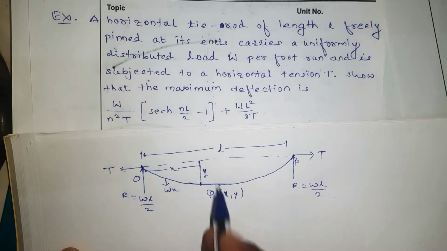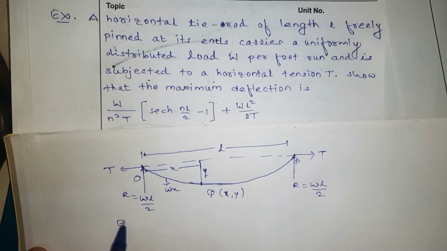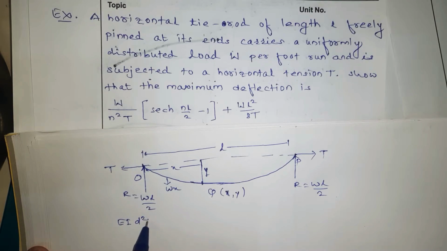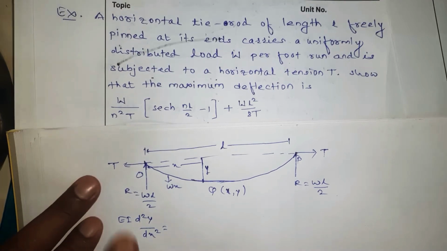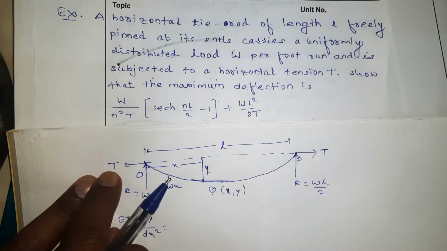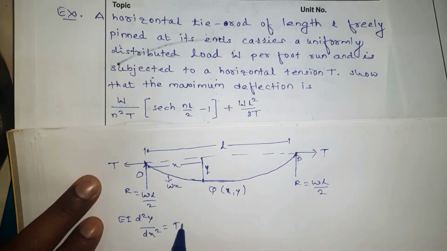And the deflection is y. Now we have to find the maximum deflection. We will see what to do for that. So here the bending moment: EI d square y by dx square is equal to the tension times the deflection, so Ty.